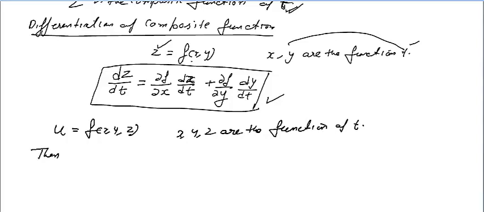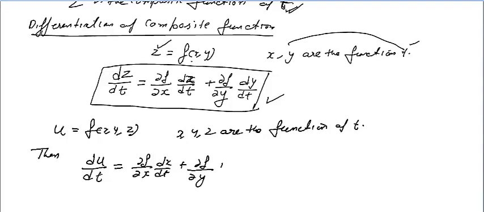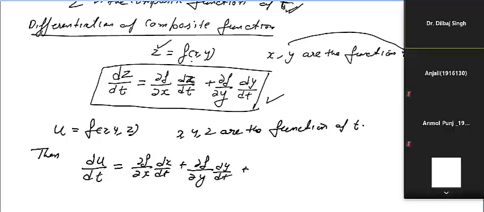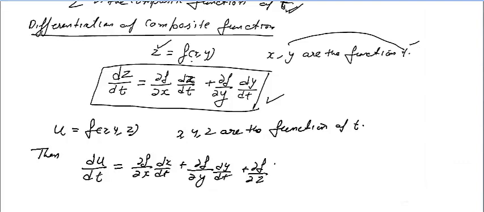Then the composite differentiation, the derivative of u with respect to t, will be equal to the derivative of f with respect to x times dx by dt, plus the derivative of f with respect to y times dy by dt, plus the derivative of f with respect to z times dz by dt.